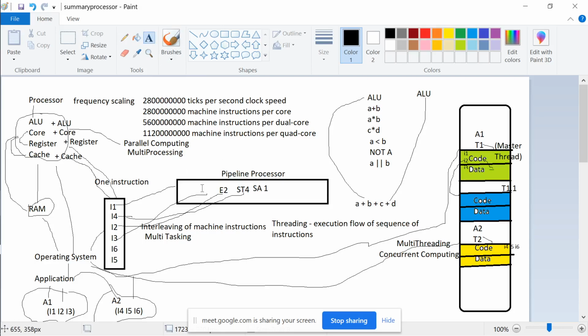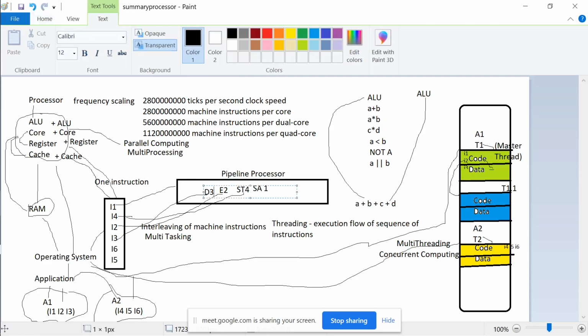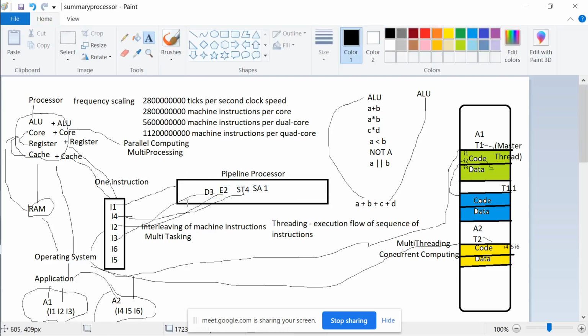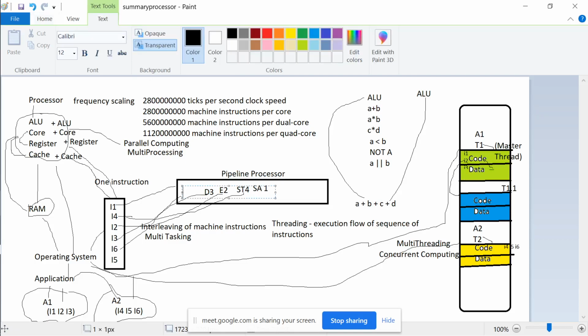So this is like D3 then. I hope you all are understanding what I'm saying over here. And while your D3 is getting executed, your instruction 6 is getting fetched over here. So this will be F6.